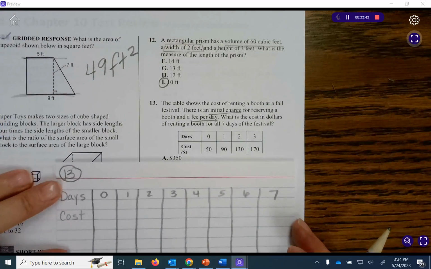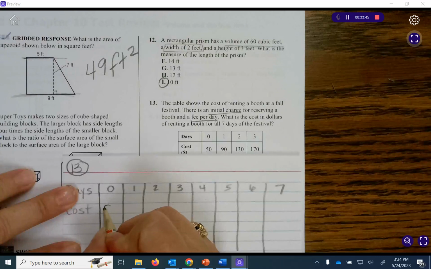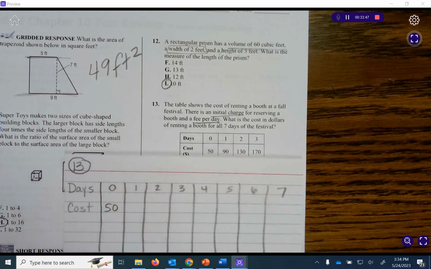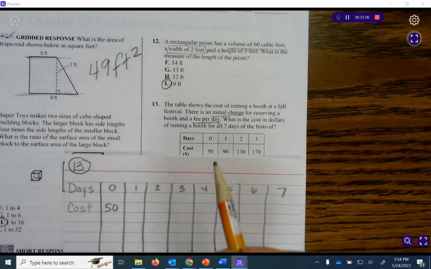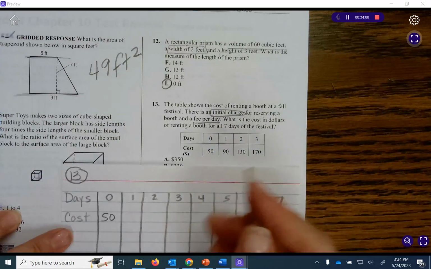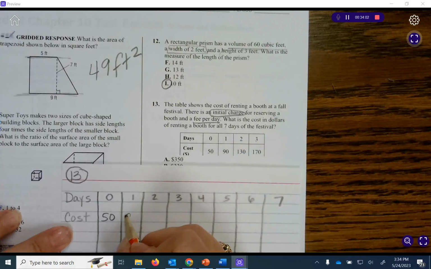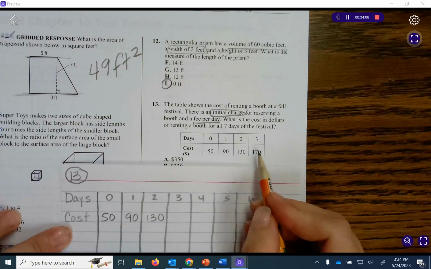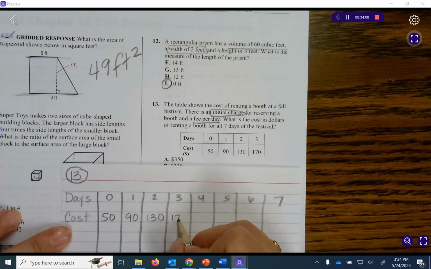So day 0 is $50. Now, that's important because you haven't rented it for the day. It just costs $0 to rent it. That is our initial charge. Okay? So now 1 day is a total of 90. 2 days is 130. 3 days is 170.